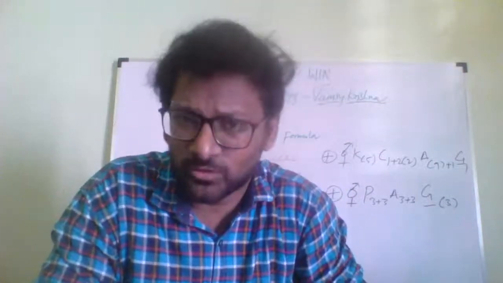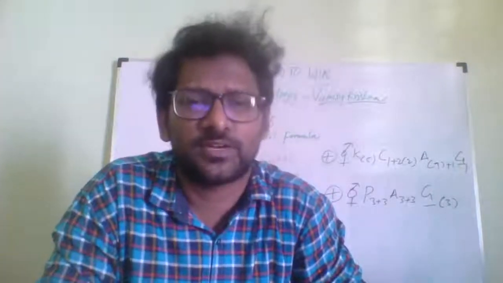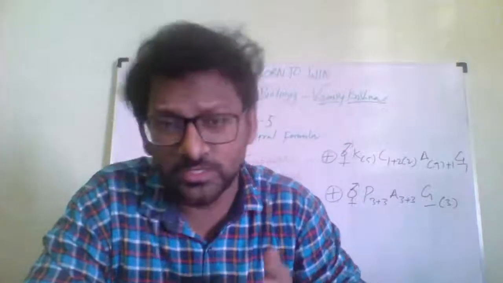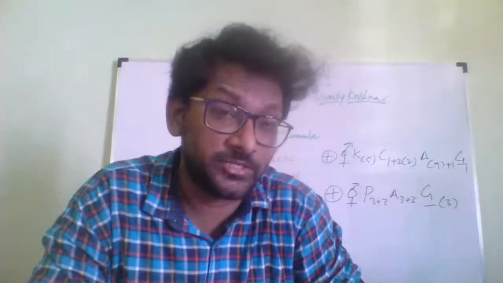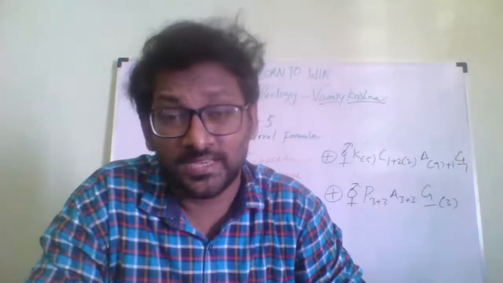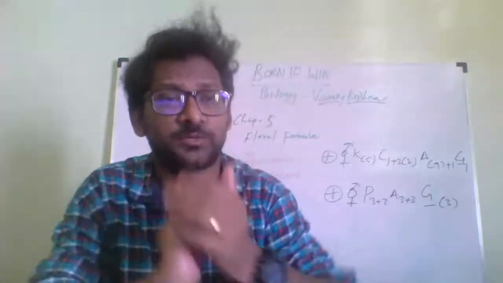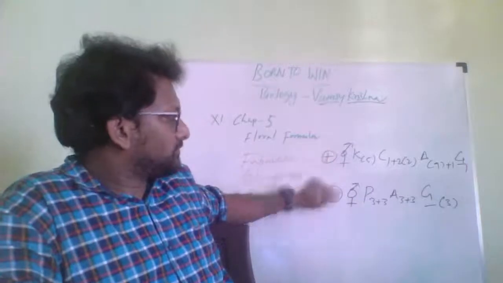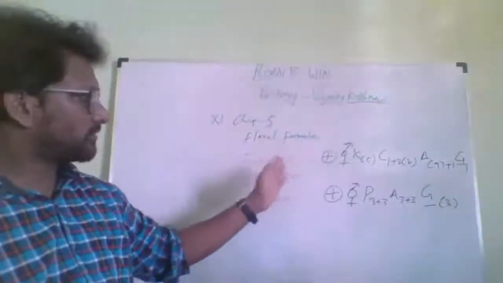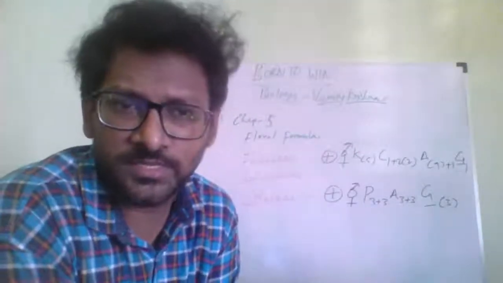For example, root modifications, shoot modifications, right? Phyllotaxy, I mean how the leaves are arranged, and the different types of fruits, and flowers and their floral arrangement. If you see here, I've given some floral formulas, right?